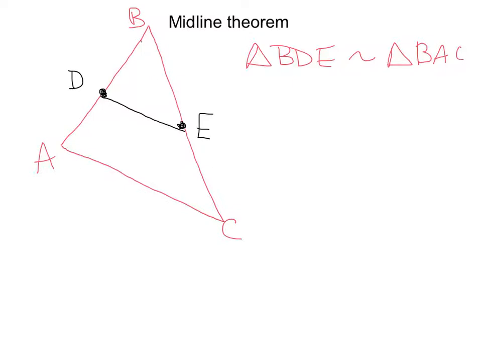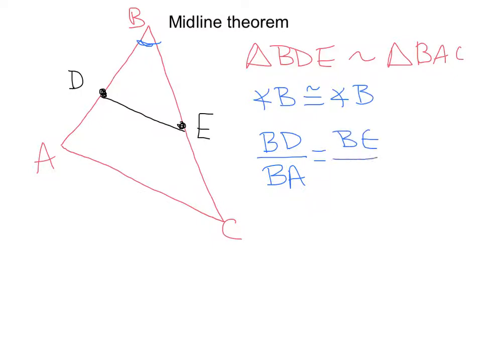We know that both triangles share angle B, so we have a congruent angle. And then when I look at this, I know that the relationship of BD to BA is the same as the relationship between BE to BC.